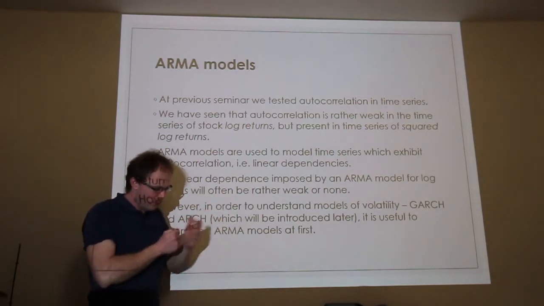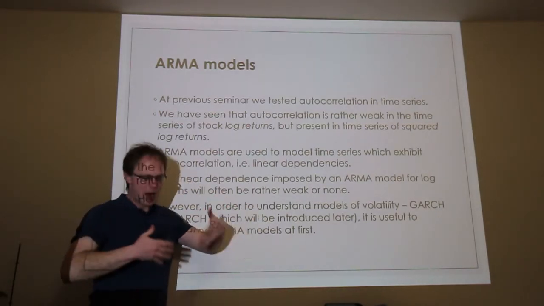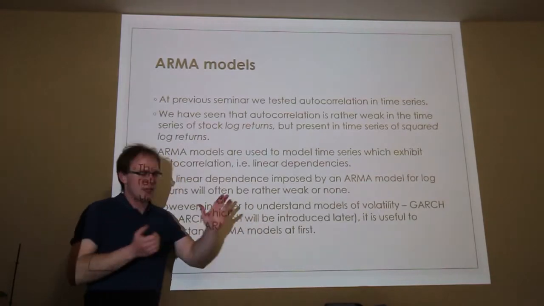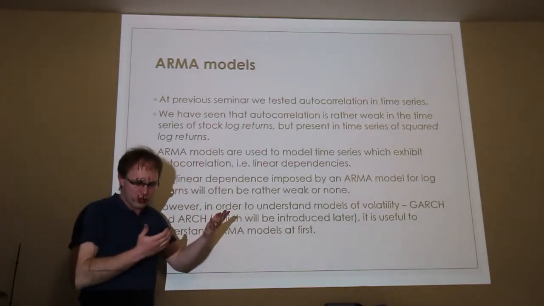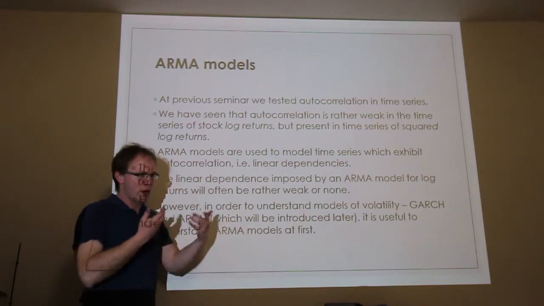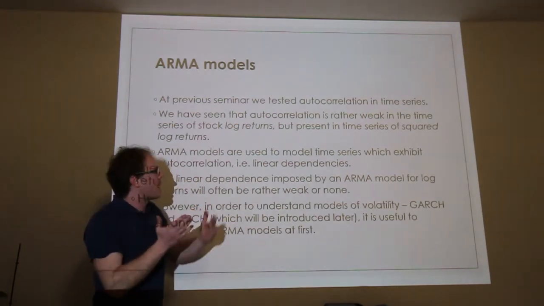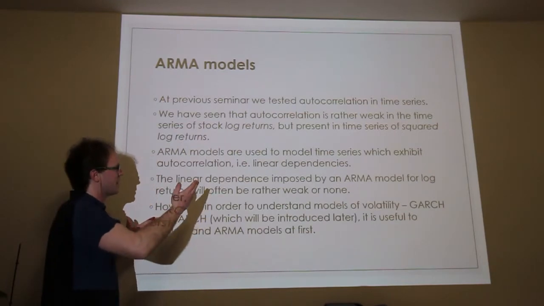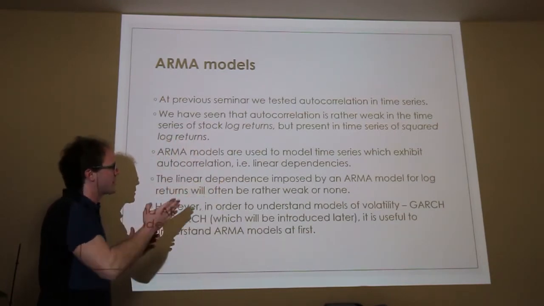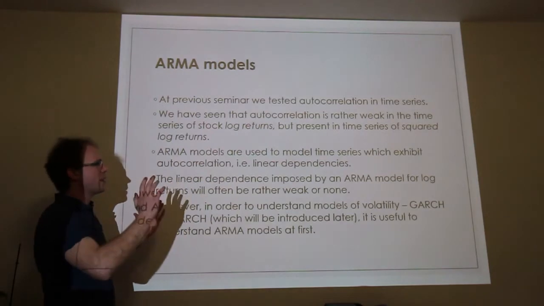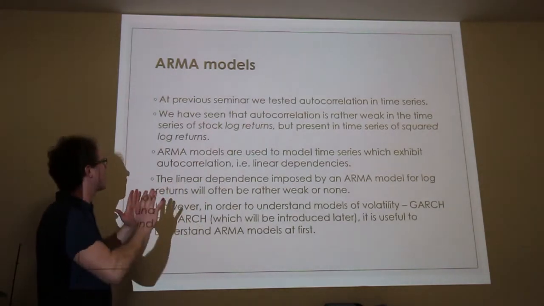Do you remember, for example, the Durbin-Watson statistic, the Durbin-Watson test of correlation? Yes, the test of correlation of neighboring values. So this is the linear dependence, but sometimes it's a little bit more complicated, but we will talk about this later.